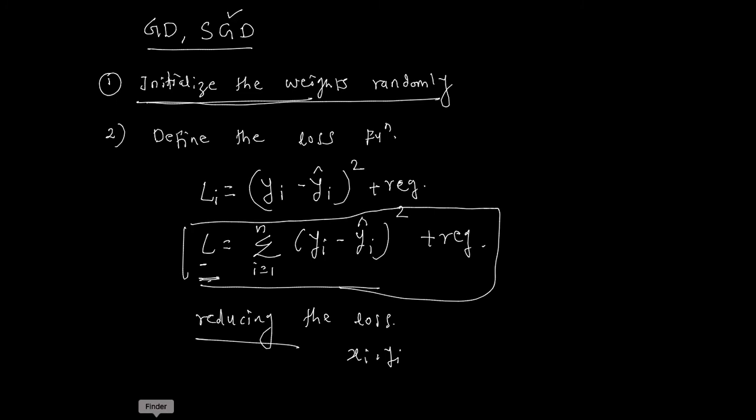So SGD says initialize the weights randomly. After initializing the weights randomly and defining the loss function, the third step is to calculate w new is equal to w old minus eta times the derivative of loss with respect to w old.